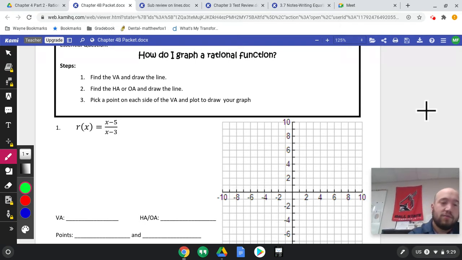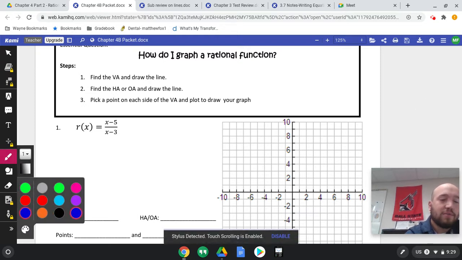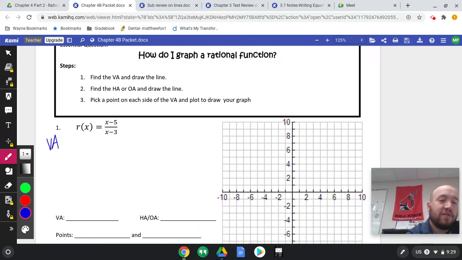So when we're looking for our vertical asymptote, I'll put VA over here on the left. To find our vertical asymptote, remember we take the bottom and we set it equal to 0. So x minus 3 equals 0. Go ahead, we can add that 3 over, which will mean x equals 3 is our vertical asymptote.